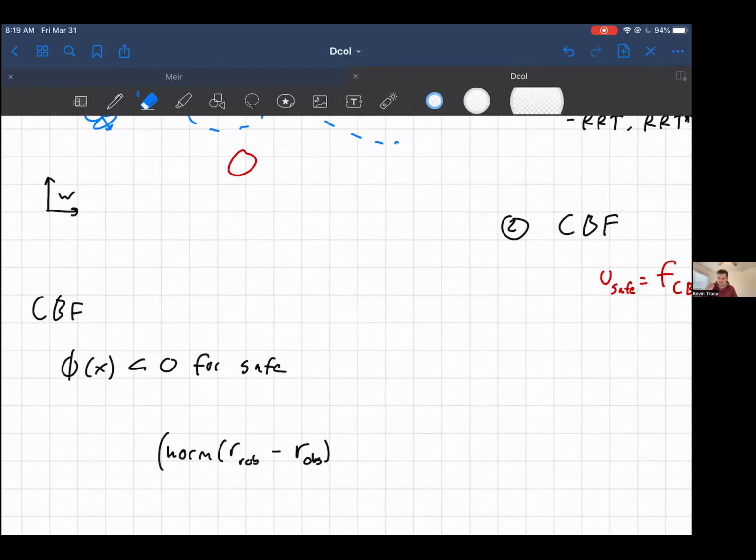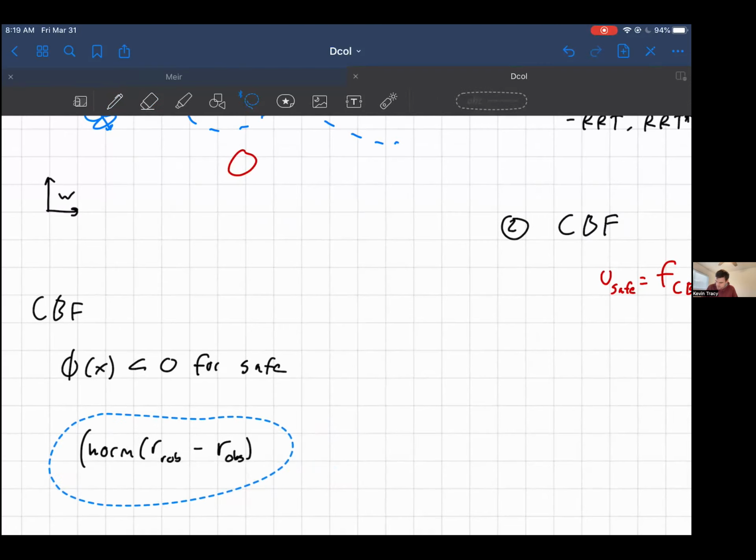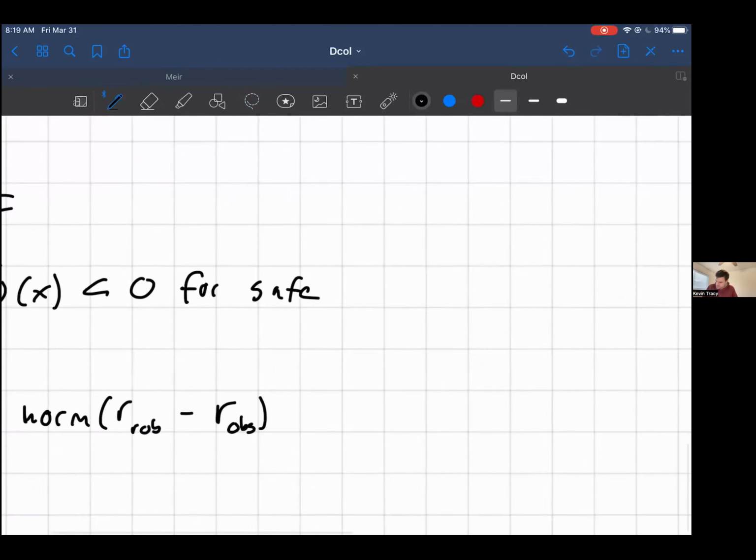What we want is the norm, the distance between the robot and the obstacle, to be greater than the radius of the robot plus the radius of the obstacle.